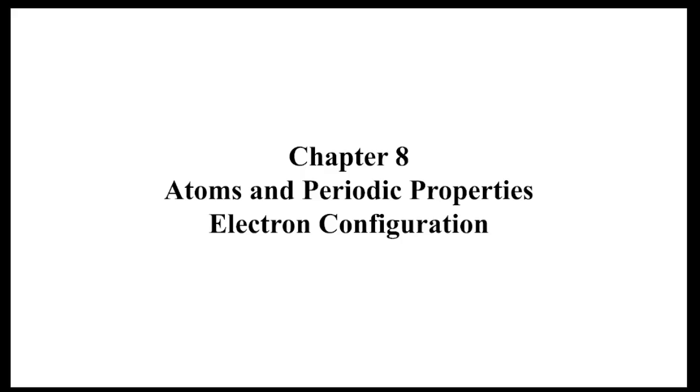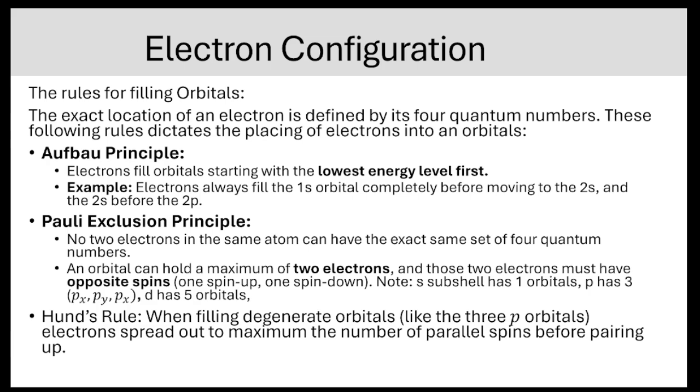We also looked at some examples of electron configuration using the previous Bohr model in a previous video. Now we will create this electron configuration using a modern quantum mechanical model.